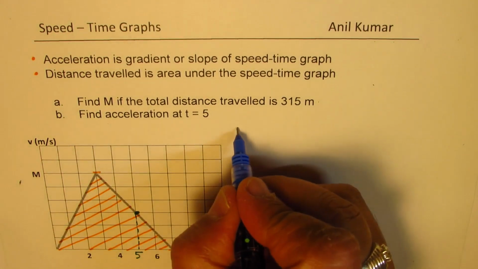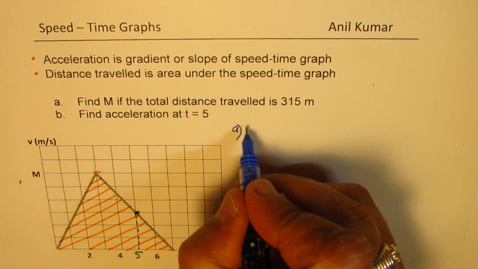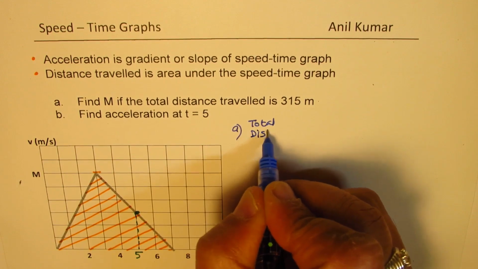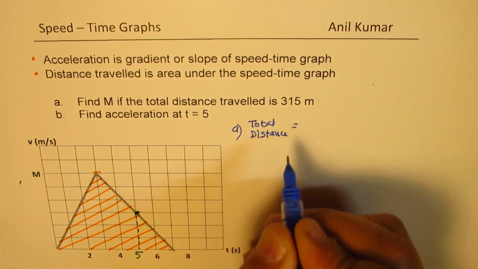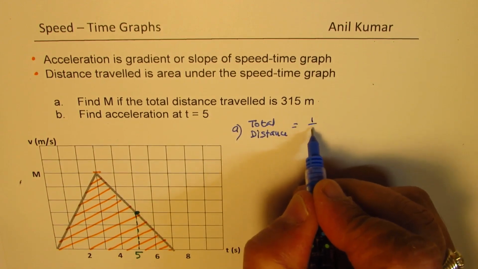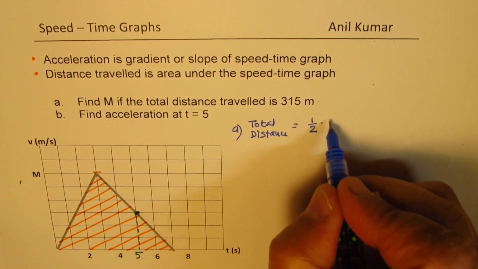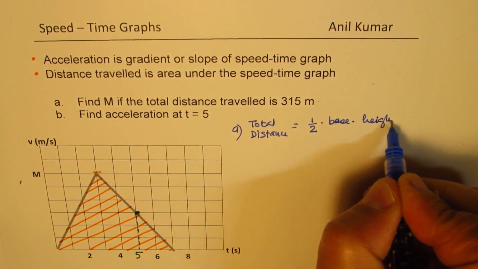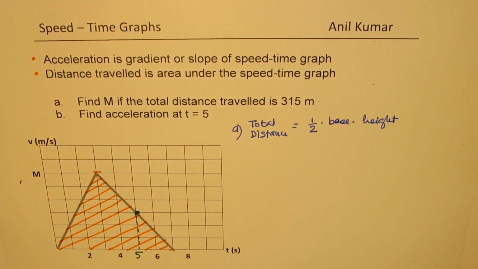Okay, so let's begin with part A, where we have to find total distance. So total distance, as you know, is the area under the curve. This is a triangle, so the area under the curve is half of base times height. So that will give us the height, correct?